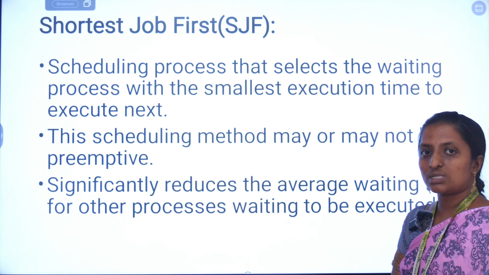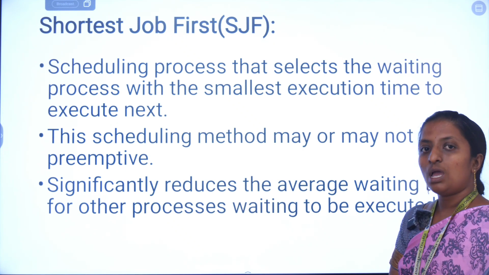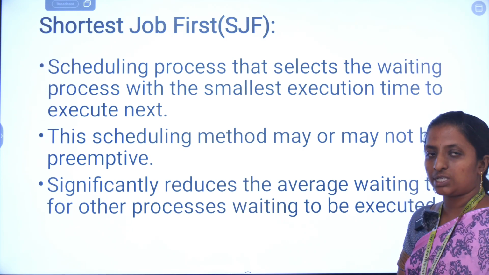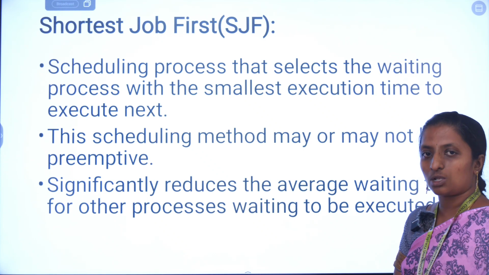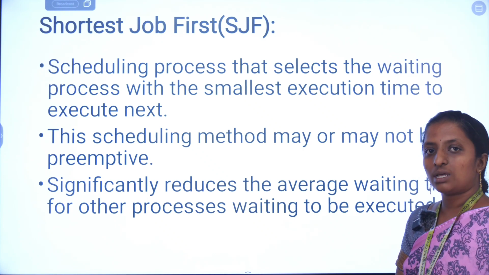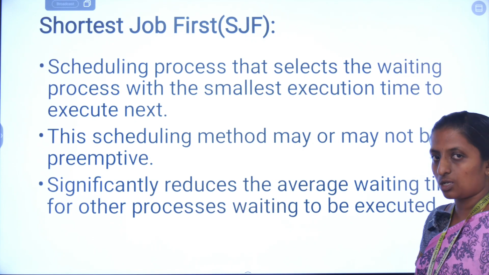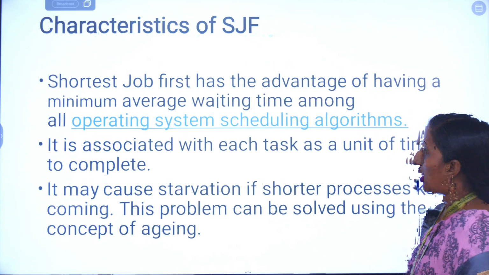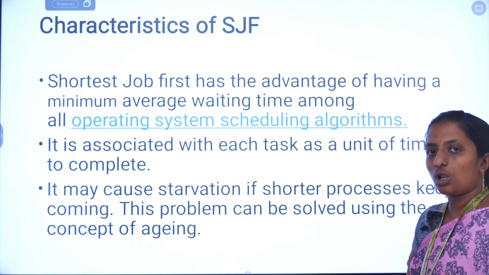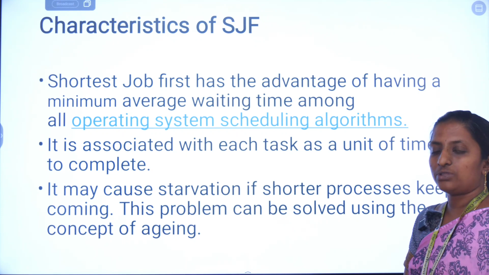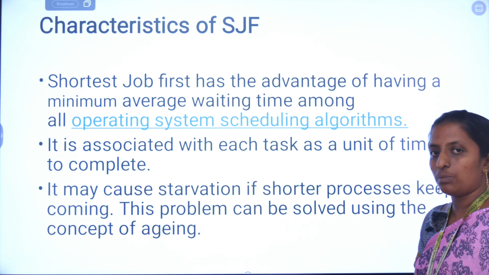Whenever a process is entering with execution time, the process having the least execution time will be allotted the CPU. That is the advantage of using shortest job first algorithm. Compared to all other algorithms, the waiting time will be very less in the shortest job first algorithm. So compared to all operating system scheduling algorithms, SJF has the advantage of having minimum waiting time.